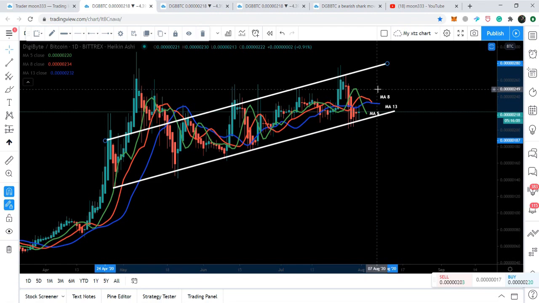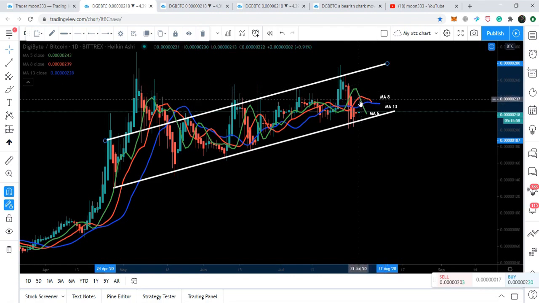For the people who don't know about the Bill Williams alligator indicator or Bill Williams 3 line, let me tell you that this is the moving average 5, and this is the moving average 8, and this blue one is the moving average 13. So this is the combination of these three simple moving averages, and whenever the smallest time period moving average moves below all other moving averages, then we have the 8 moving average, then we have this bigger time period moving average 13 above all, then it is considered a sell signal or bearish signal.